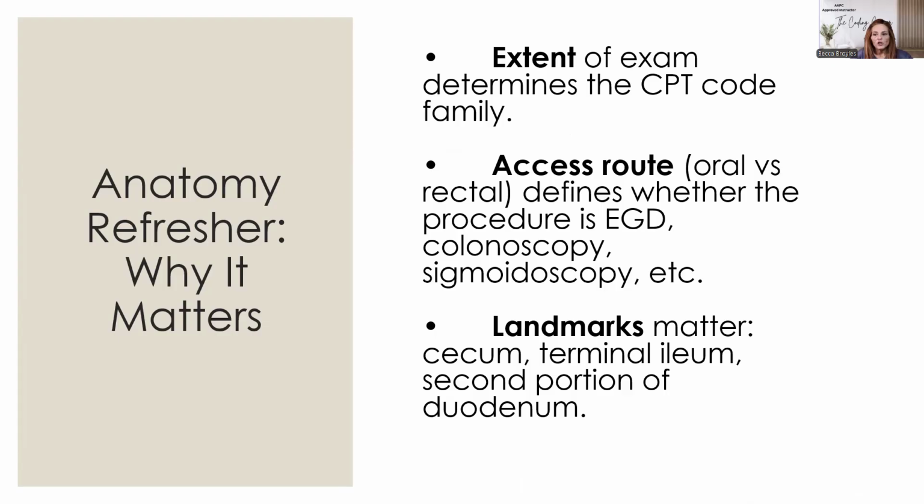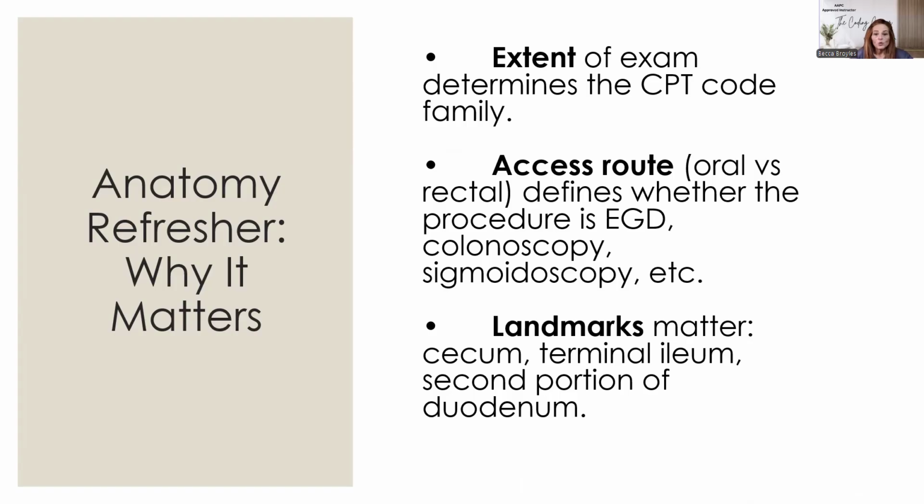For example, reaching the terminal ileum during colonoscopy may support a complete exam. In an EGD, reaching the second portion of the duodenum is typical. Going further may indicate an enteroscopy.